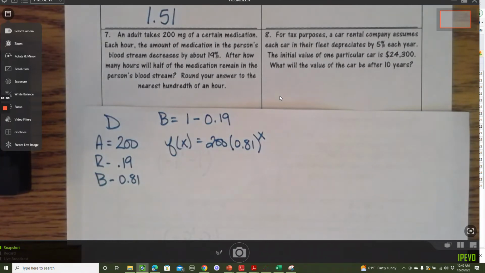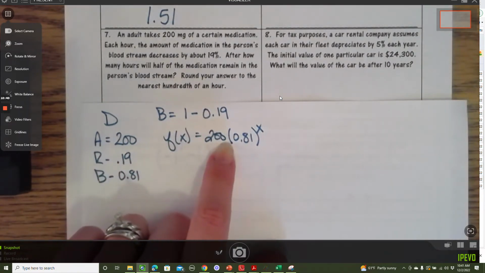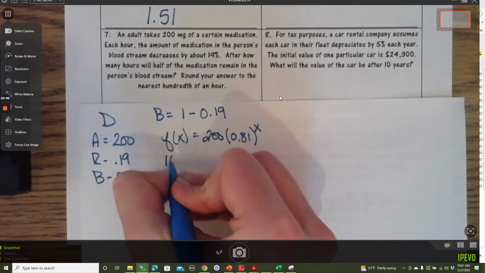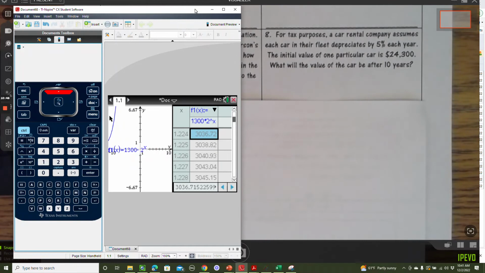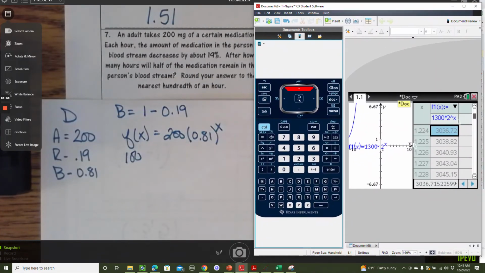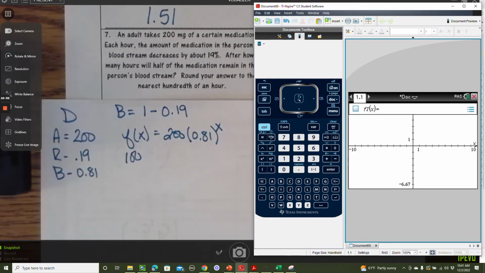And then we want to know after how many hours will half remain. So if the original amount is 200, what's half? 100. All right. Oh, I really do not feel like getting a migraine right now. Try to goose my way out of this one. 0.81 to the x.